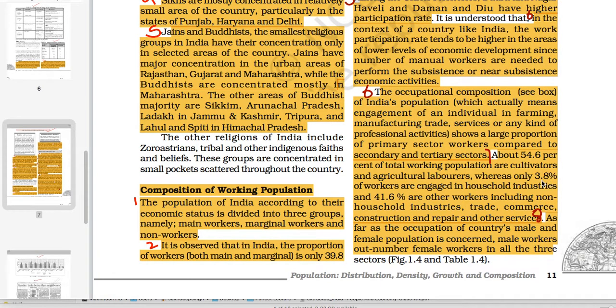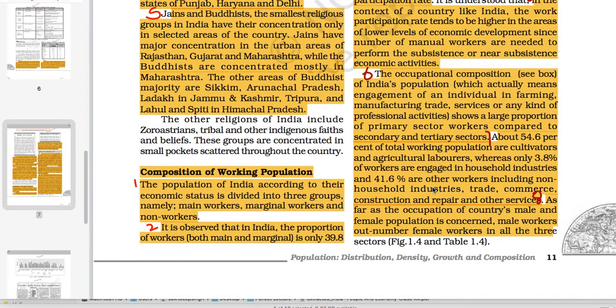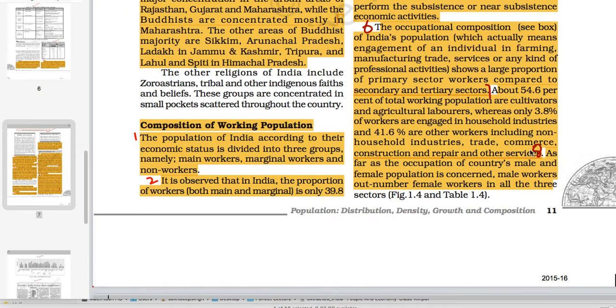So only 3.8% workers are engaged in household industries, and 41.6% workers are working in trade, commerce, construction, repair, and other services. So this one is also your 1 mark question.